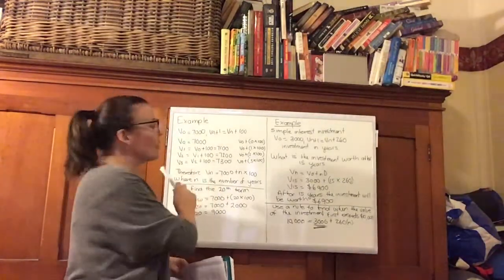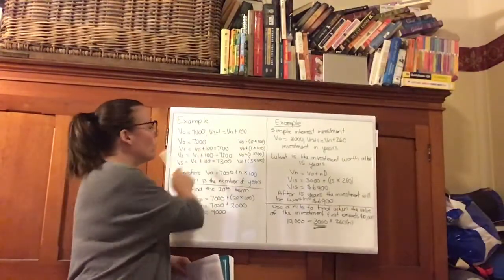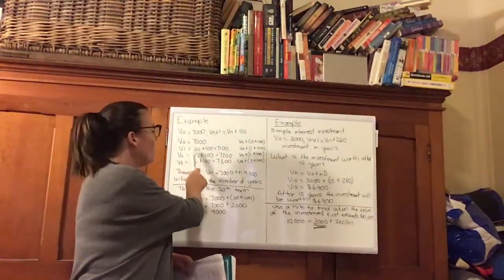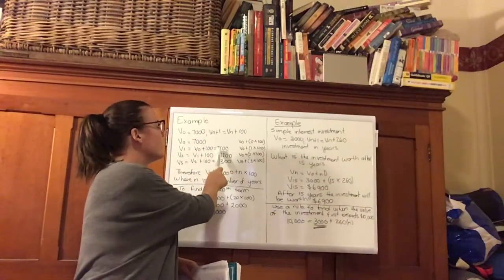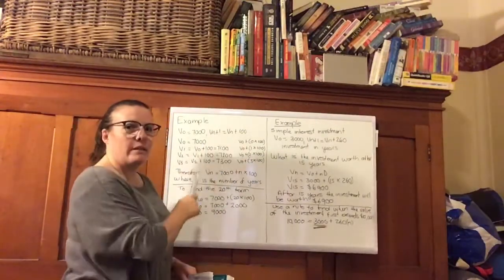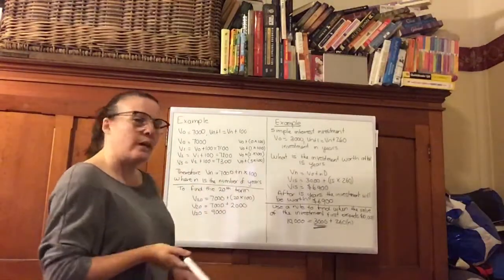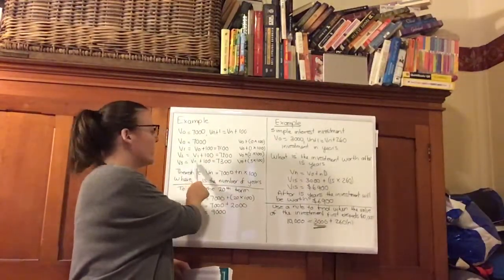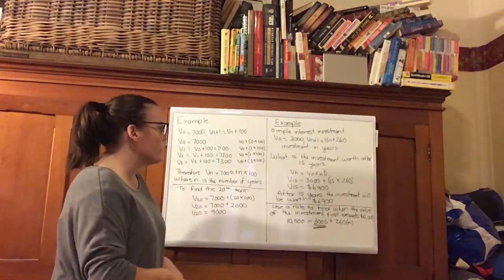So the old way of doing it, we would say V0 equals 7,000. V1 is equal to V0 plus 100, so that gave us 7,100. V2 is the V1 value plus 100, that gives us 7,200. And V3 is the V2 value plus 100, which would give us 7,300.